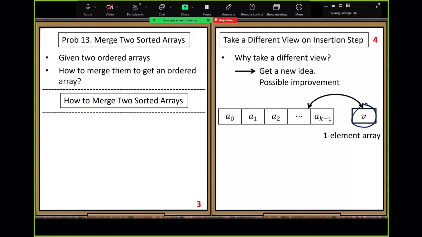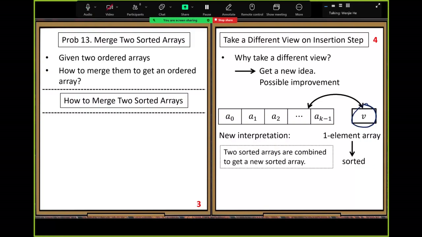Then we grow the number, so with multiple elements, we do the merge. Both are sorted, ordered. So our new merge view: merge two sorted arrays into a new sorted array.